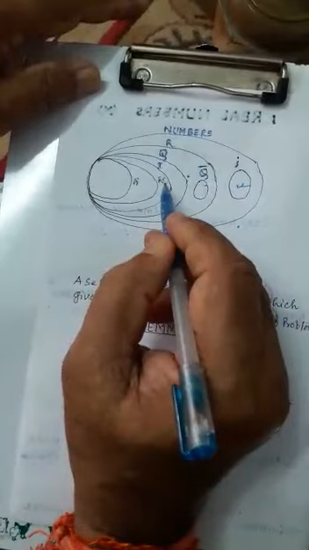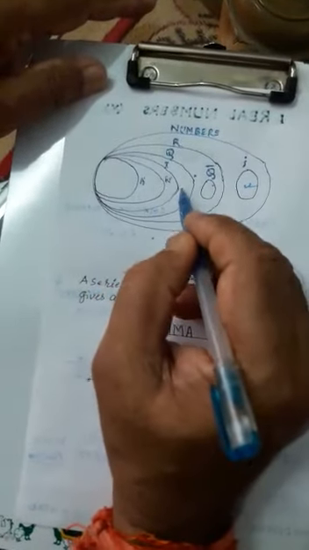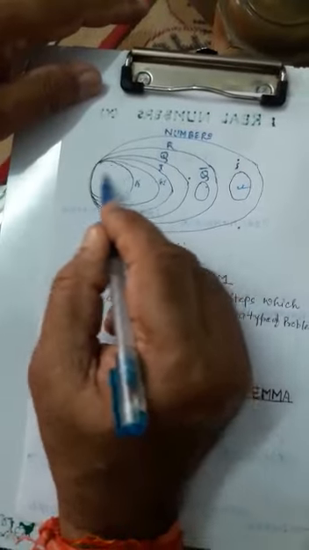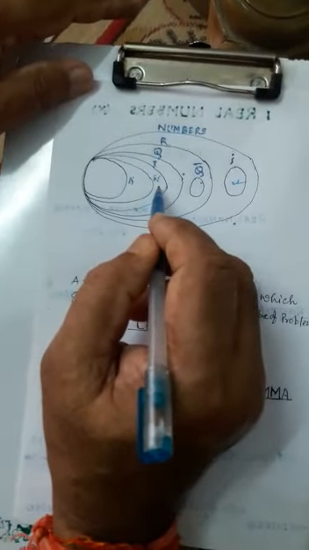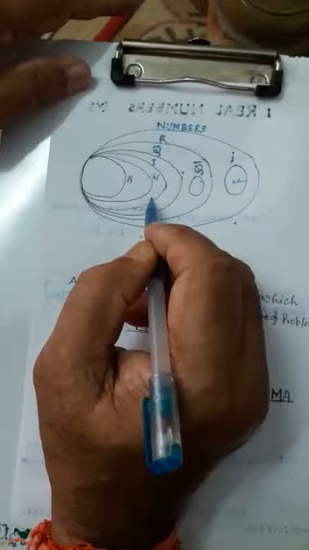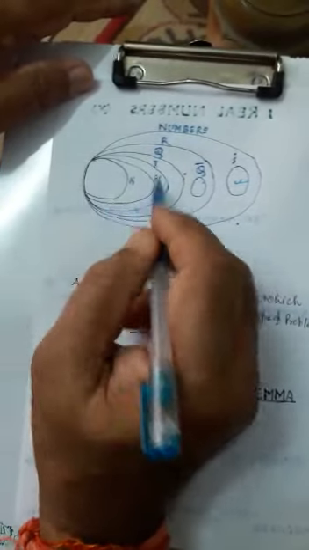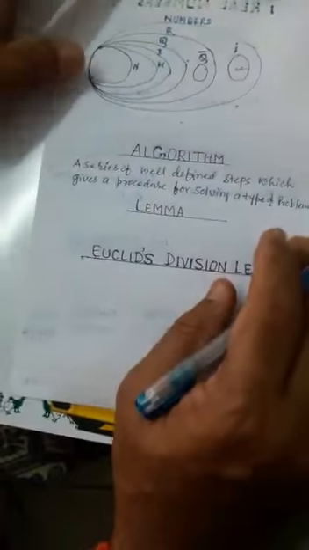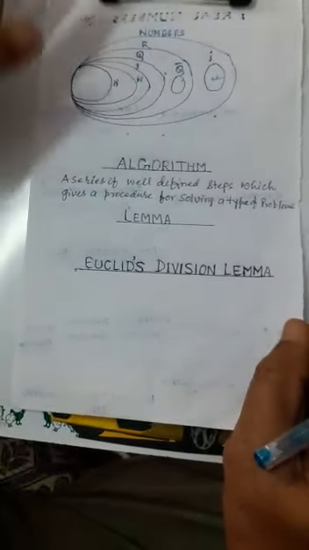In rational numbers, this is the set of integers and this is the zone where we get fractions. Inside the integers we have whole numbers, and this is the zone for negative integers. And inside it, this is natural numbers and this is 0. So this is the classification according to this set. But all these numbers we will study in coming exercises.